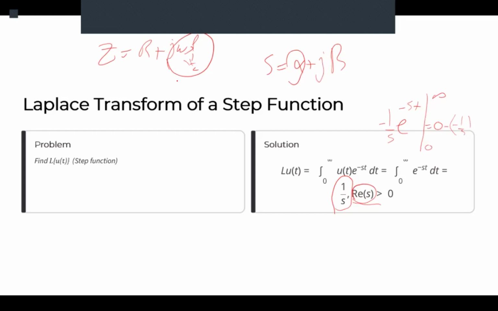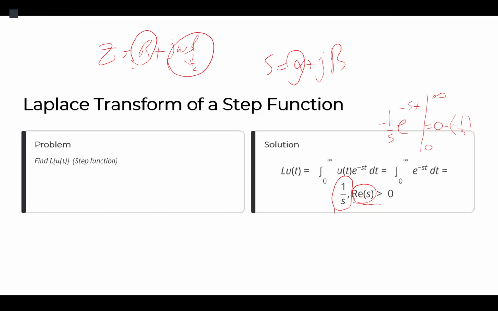Look at this impedance. The real part is R. What is that R? It is the resistance, right? What does the resistance do? It resists the current flow; it is a damping factor, right?